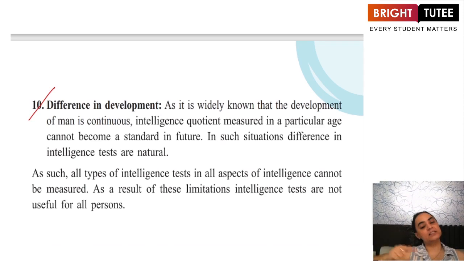When a person is developing, at every age of one's life the IQ level is certainly going to differ. So this difference in the development of the people is not considered in the performance tests. So because of these limitations, the intelligence tests cannot be measured and they cannot be relied upon.